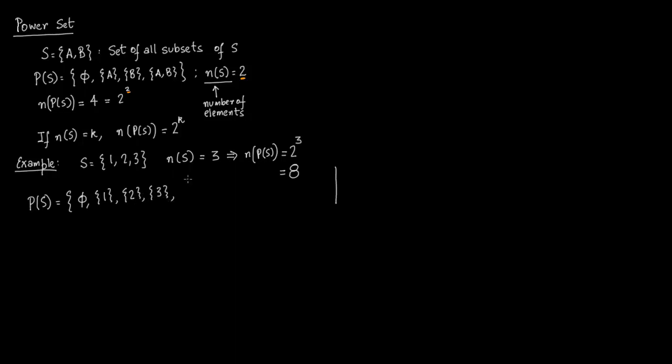We have other sets like {1, 2}, {2, 3}, {1, 3}, and then {1, 2, 3}, the entire set itself. You can count now the number of elements of this set, and there are precisely 8 of them: null set, 1, 2, 3, 4, 5, 6, 7, 8.